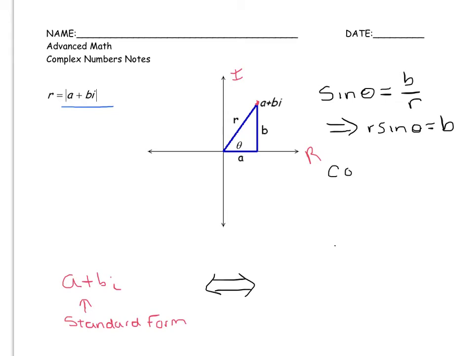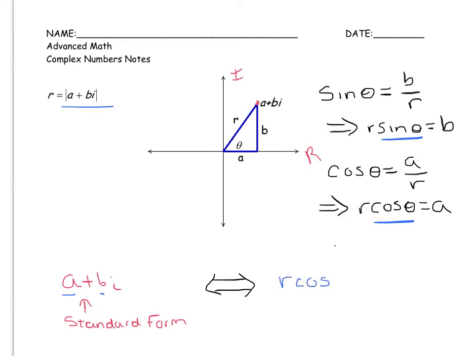And likewise the cosine of theta is equal to a over r in the diagram, which implies that r times cosine of theta is equal to a. And so therefore, if we replace the a and the b here with what we found them to be equal to, we get this expression here. So instead of a, I'm going to put r times cosine of theta, and instead of b, I'm going to put r times sine of theta. And then the i here at the end.